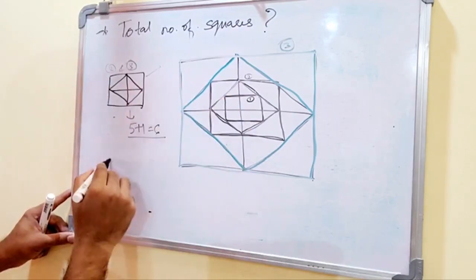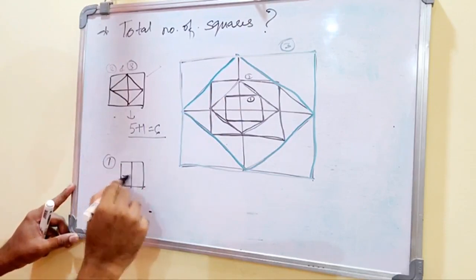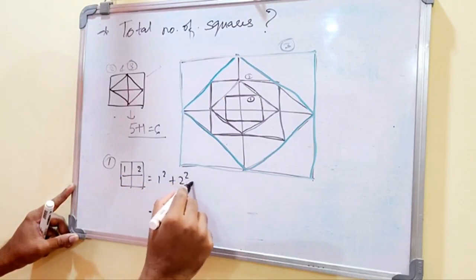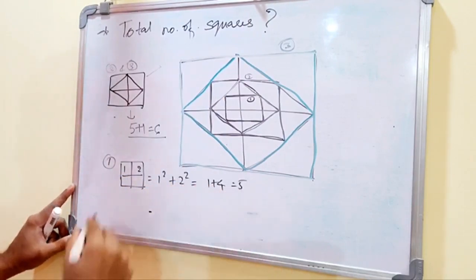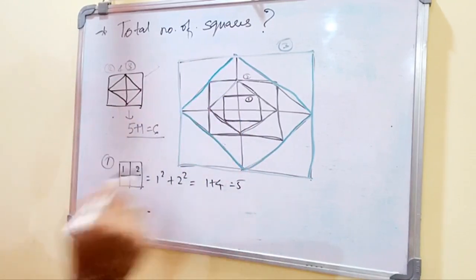And this one, number 1, the figure is of this kind, and this contributes how much? 1 square plus 2 square, 1 plus 4 is equal to 5. Total number of squares in number 1 figure is 5.